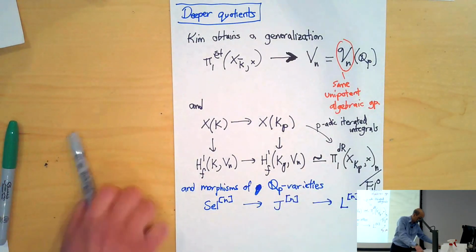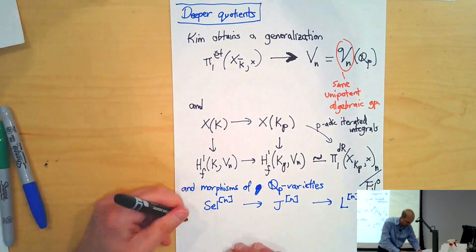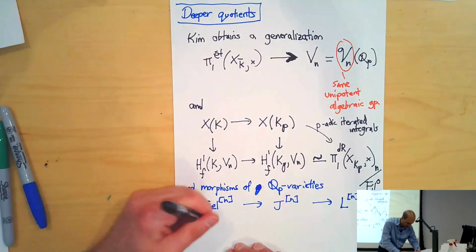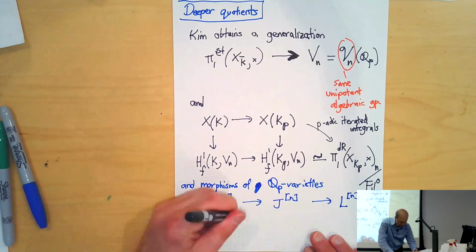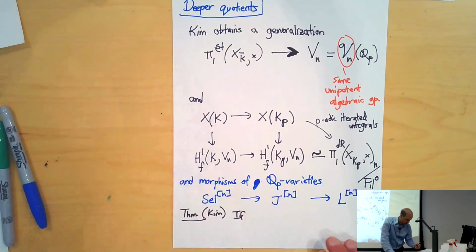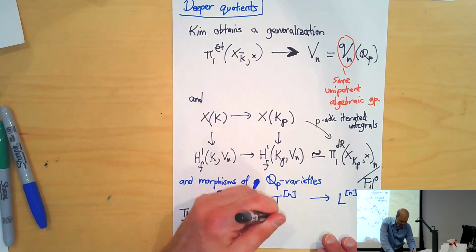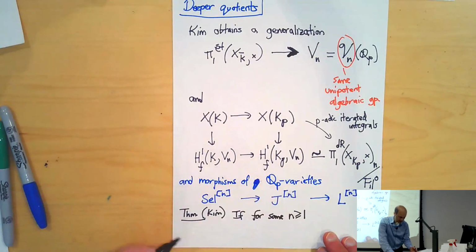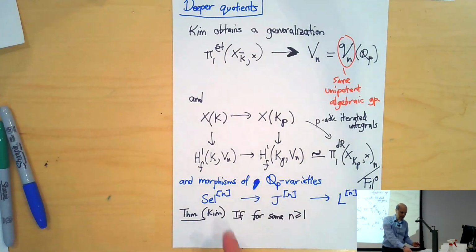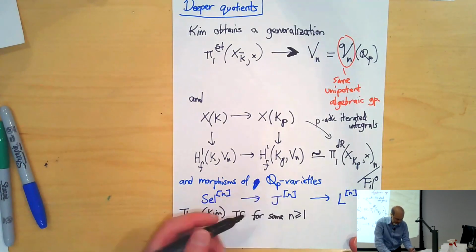And okay, so maybe I'll just end now with the final theorem of Kim, which sort of summarizes how you're going to use all this. So there's a condition you need in order for this non-abelian Chabauty to work. Classically, you needed the rank of the Mordell-Weil group to be less than the genus, or equivalently less than the dimension of the Jacobian.